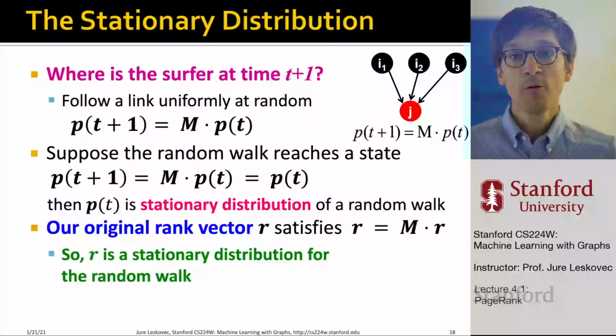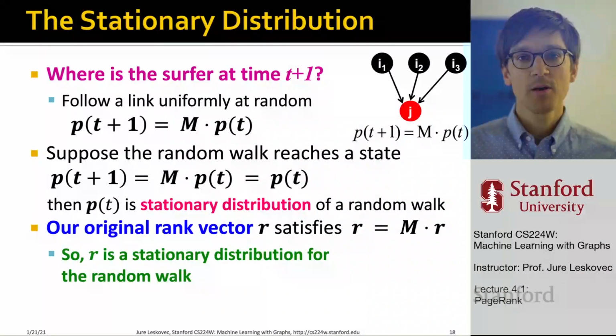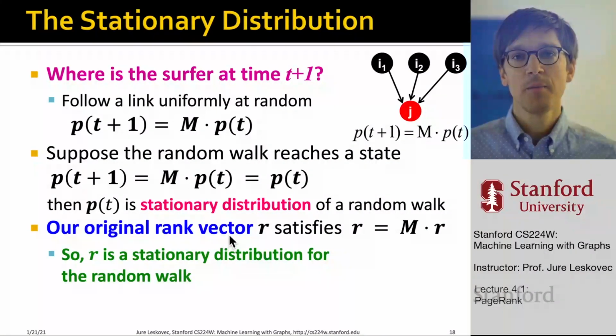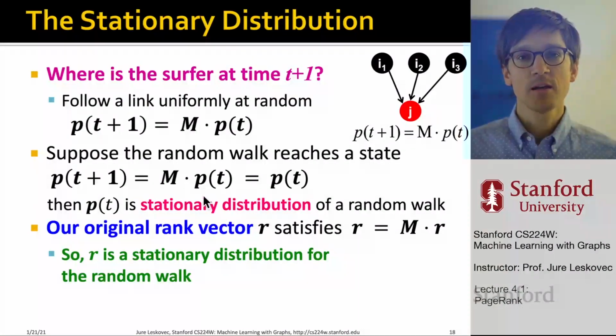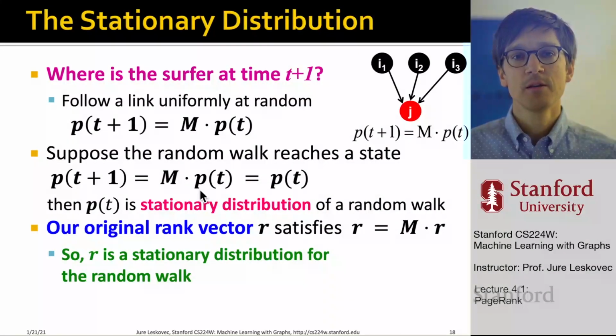And now, why is this interesting? Because in our original PageRank vector, we said R equals M times R. And notice what I wrote here is basically P of t equals M times P of t. So because we have this correspondence, this means that R is a stationary distribution of the random walk.